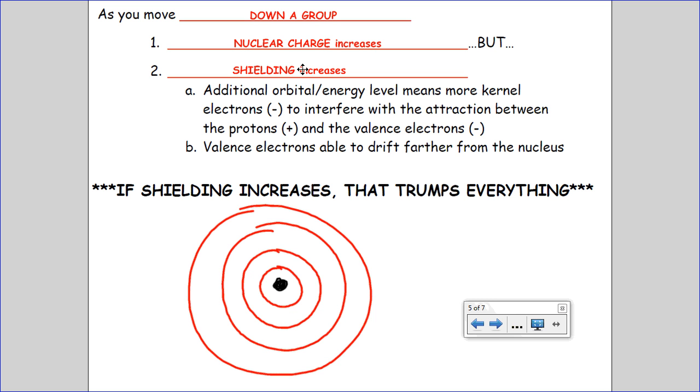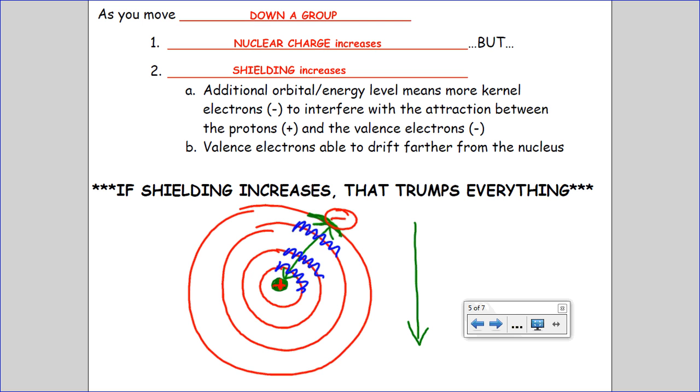Since the whole shielding game is a tug-of-war between the nucleus and the valence shell, the more shells of electrons that are in the way, the more shielding we have. So additional orbitals mean more kernel electrons to interfere with the attraction between the positive protons in the nucleus and the valence electrons in the orbital furthest from the nucleus. If shielding increases, that trumps everything.